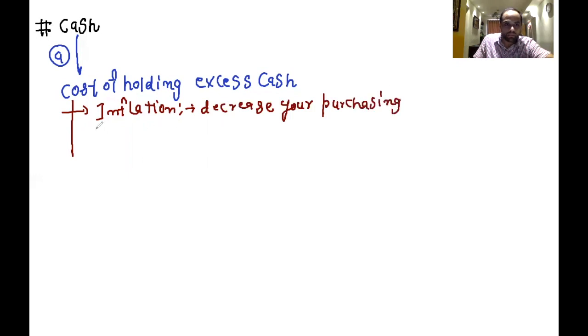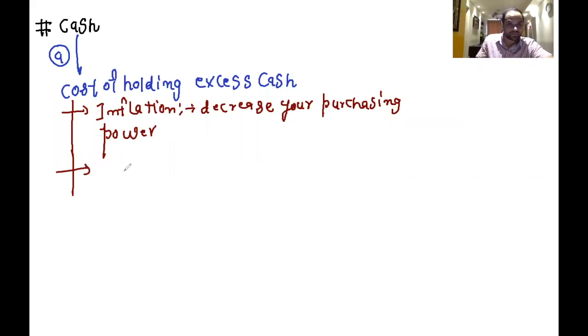It will have a negative impact on the purchasing power. So as a result, the value of cash will go down if you're holding excess cash. That's why instead of holding excess cash, we should invest it, right?